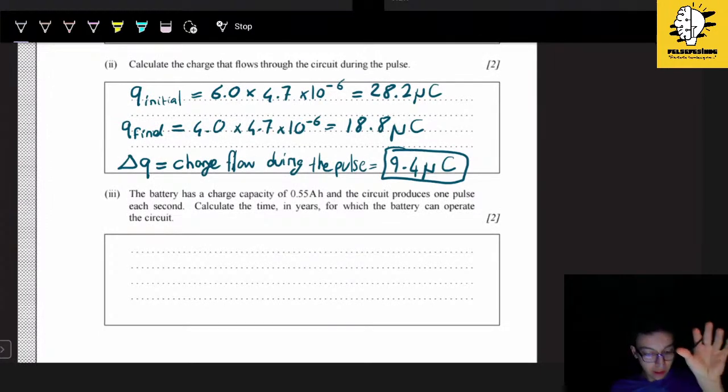So it says, now this battery has a charge capacity of 0.55 ampere hours, and the circuit produces 1 pulse each second. Calculate the time in years for which the battery can operate the circuit.